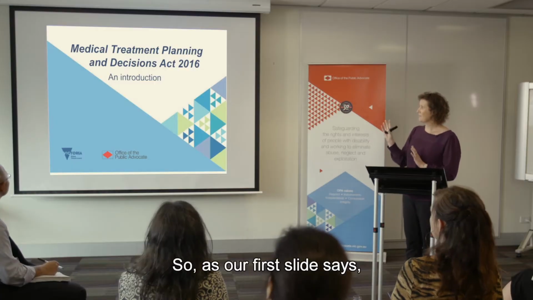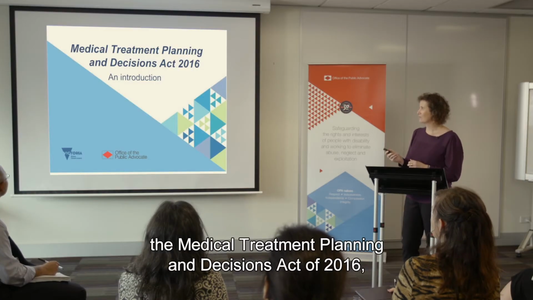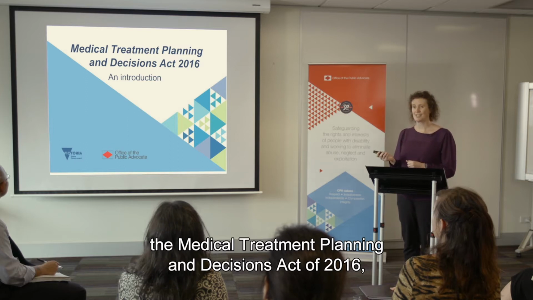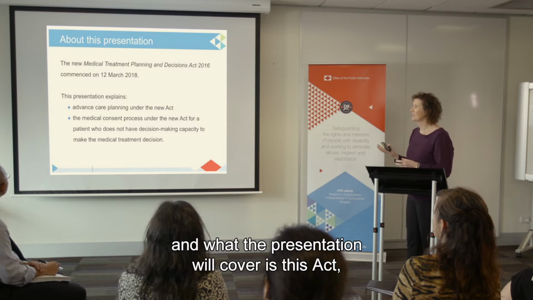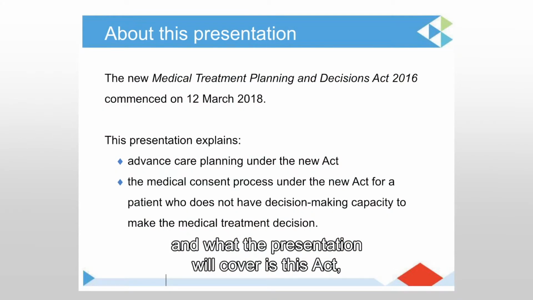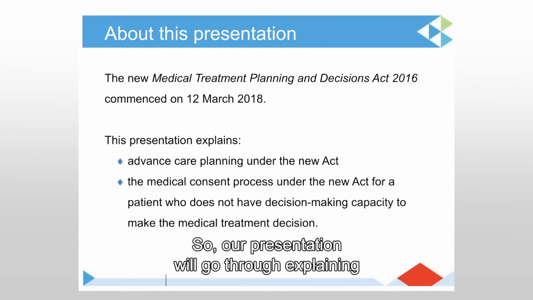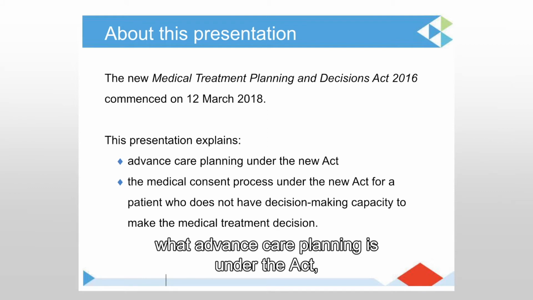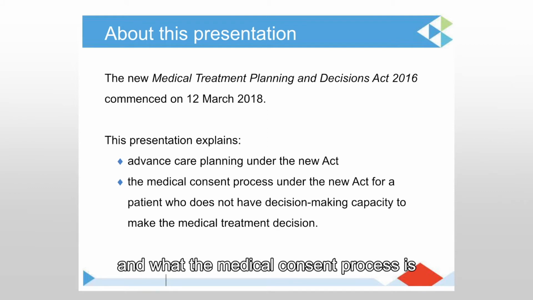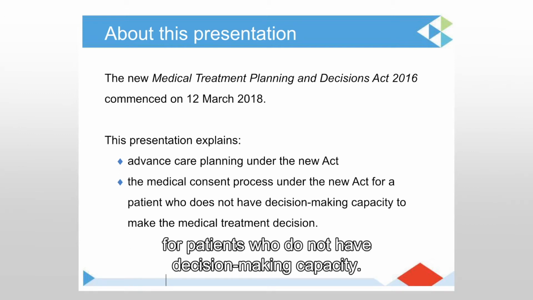So, as our first slide says, the Medical Treatment Planning and Decisions Act of 2016. This presentation will cover this Act, which came into effect on the 12th of March this year. It will explain what advanced care planning is under the Act and what the medical consent process is for patients who do not have decision-making capacity.